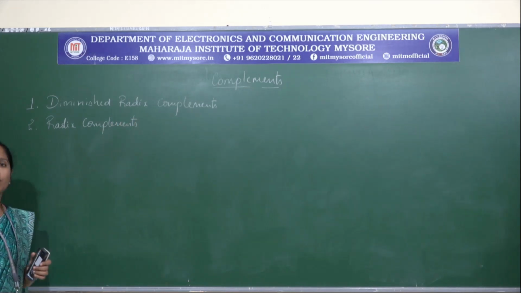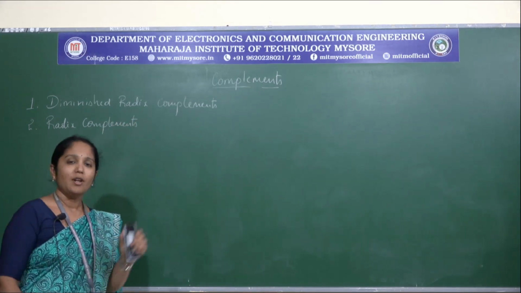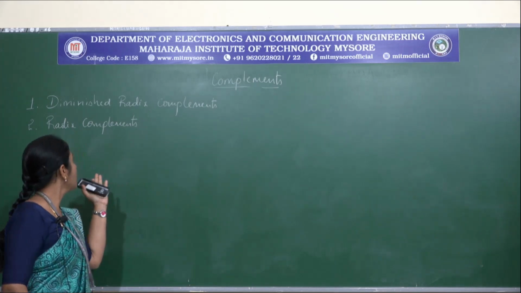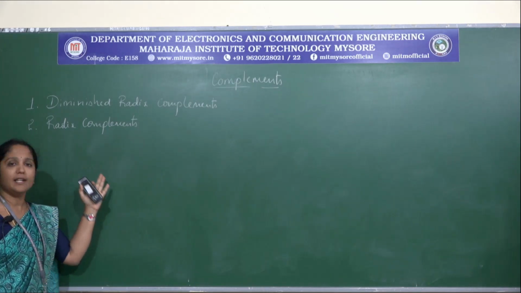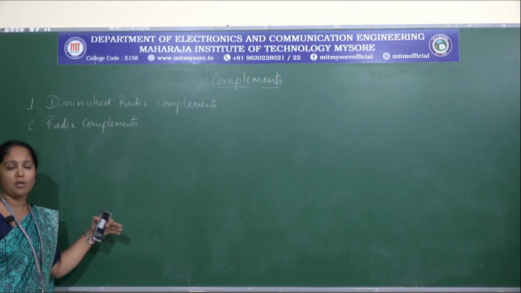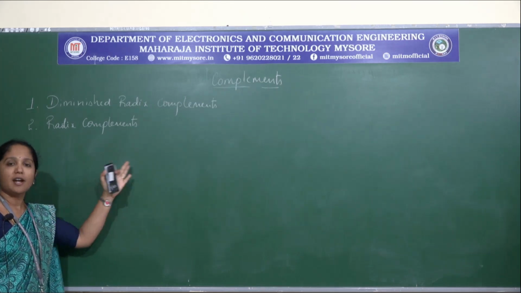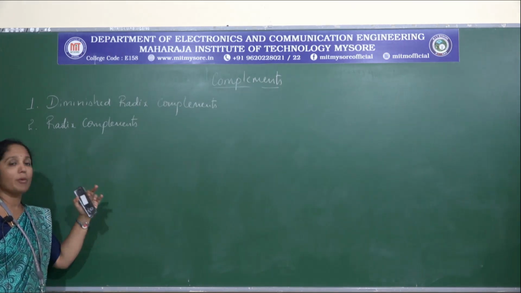These are the two types of complements we have. Now let us see in detail what diminished radix complement and radix complement are, and how to obtain them.